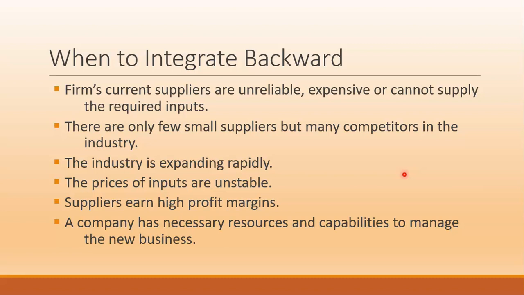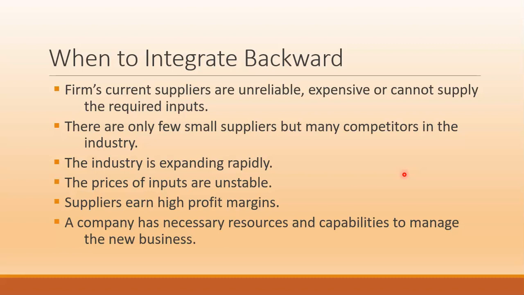Another one is that if there are only a few small suppliers but many competitors in the industry, a company may decide to bring that particular activity within their borders. Also, if the industry is expanding rapidly and the prices of inputs are unstable.